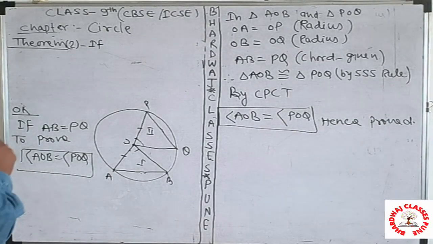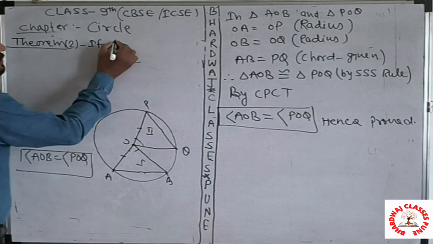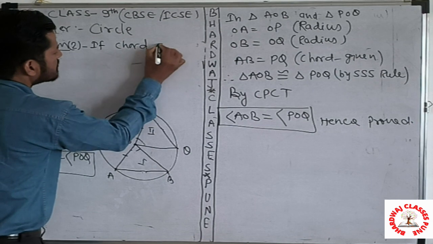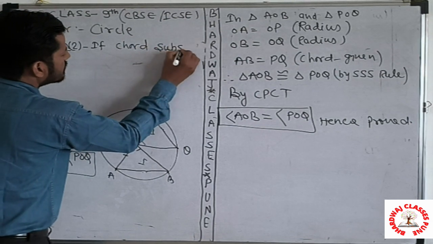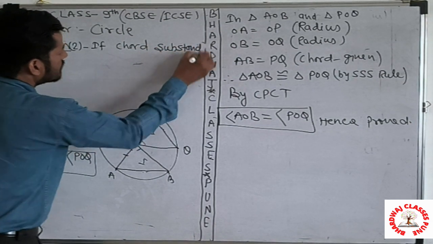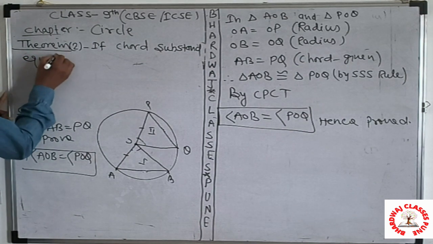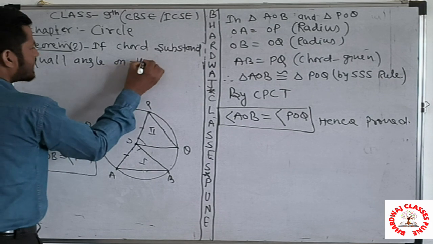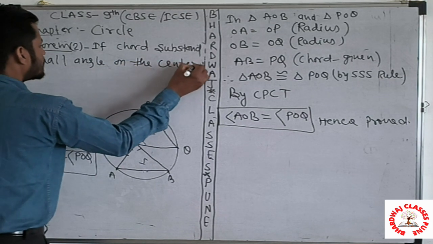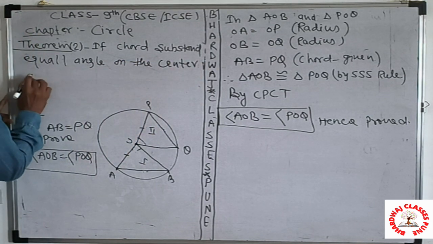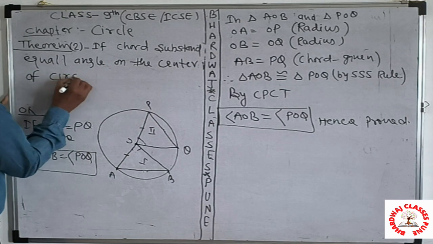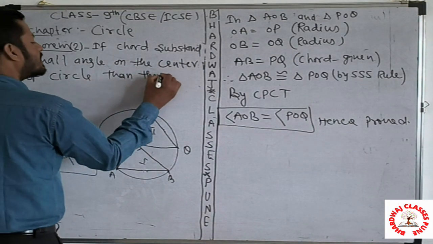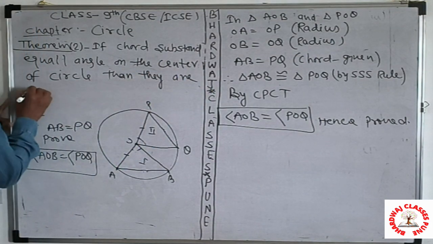Now guys, come to the next theorem. If chords subtend equal angles at the center of the circle, then they are equal.